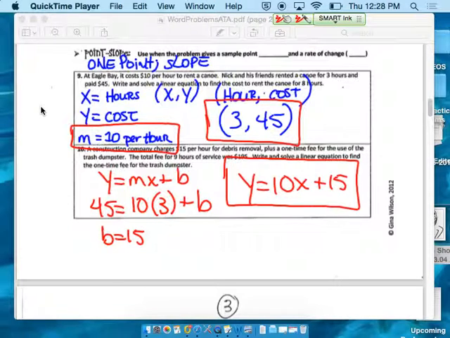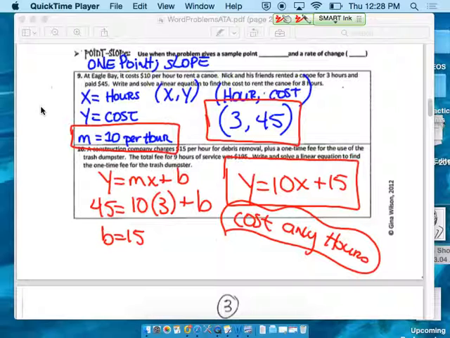The model that I've created will calculate the cost for any number of hours, and that's really what I'm wanting you to do. I want you to create a function that would calculate for any scenario involving this question. Now, to answer this question in particular, how much would it cost to rent for 8 hours?